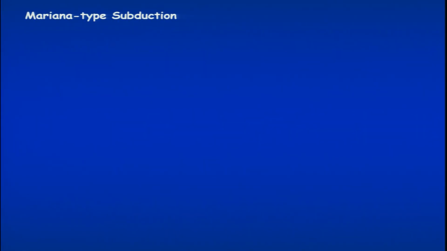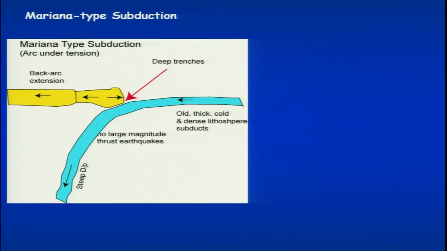Now coming to the other one, the Mariana type subduction zone. So here the major difference is that there we were having the younger and thinner oceanic plate, but here we are having the older, thicker and denser plate, whereas the one in Chilean type is the lighter one as compared to this.